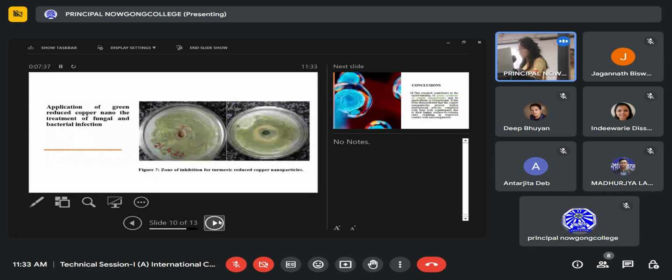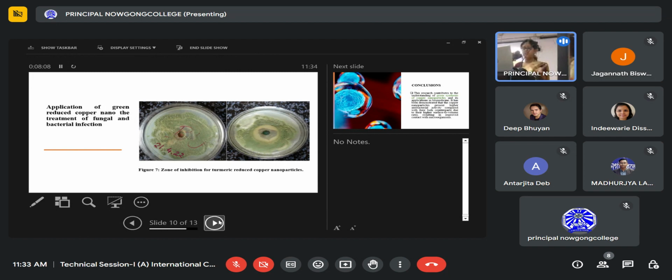For the application part, we have done antibacterial activity to investigate the antibacterial activity. We used the well diffusion method, where the agar is used for distributing the bacterial culture on the agar media plate, allowing the culture to fully absorb into the media.